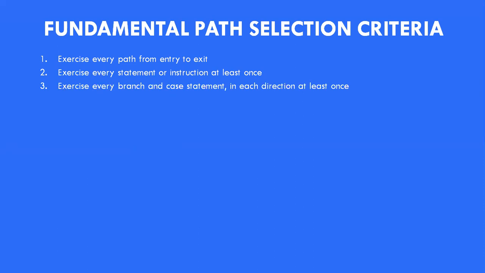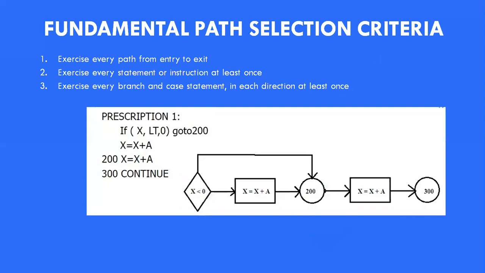If we take an example, we can easily understand. In perception 1, if x less than 0, then we go to label 200.